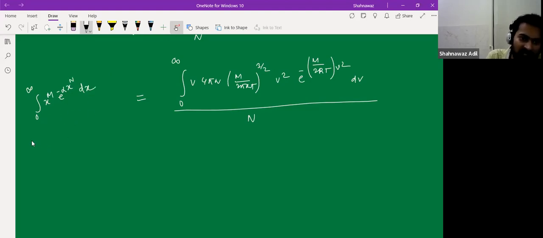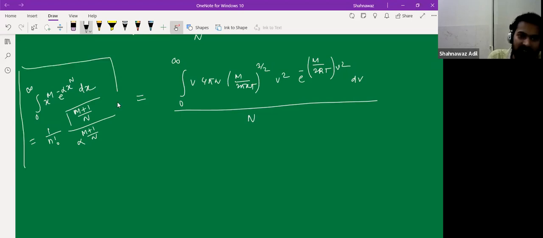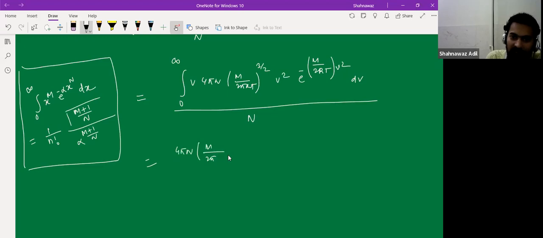This type of integral you will get as 1 by n, gamma function of (m plus 1) by n, divided by alpha to the power (m plus 1) by n. So this is the value of the integral. I will leave it to you guys, and this 4 pi, m by 2 pi RT to the power 3 by 2.